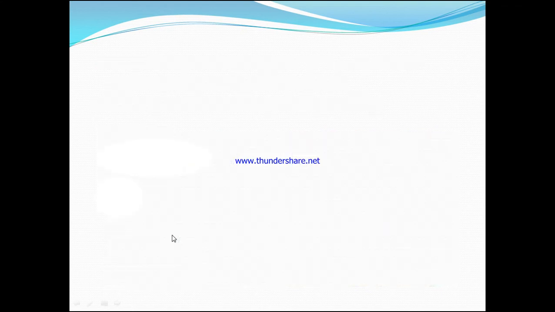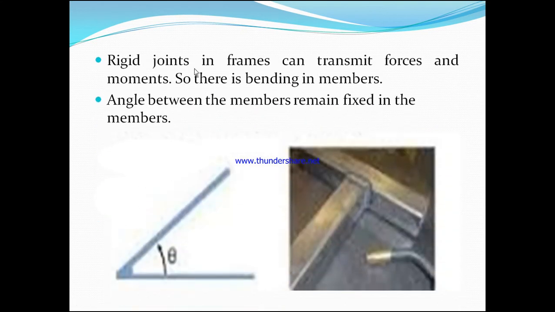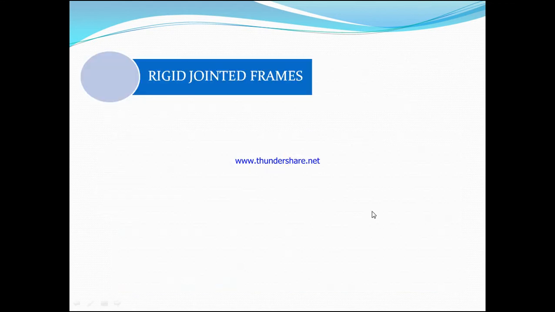Now the second type: rigid joints in frames can transmit forces and moments, so there is bending in members. The angle between the members remains fixed. As you can see in the figure, this is welded together and this joint is a rigid joint. The angle between these two members doesn't change.